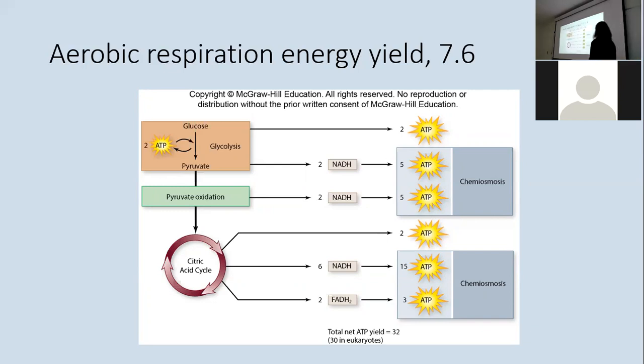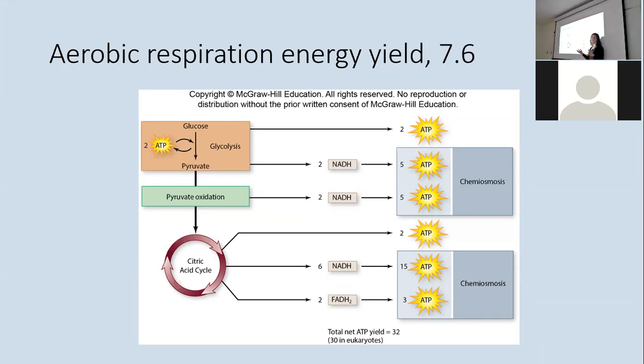Net yield is going to be a big thing when it comes to further units. It's something you should know. I just say net yield because technically we made 34.